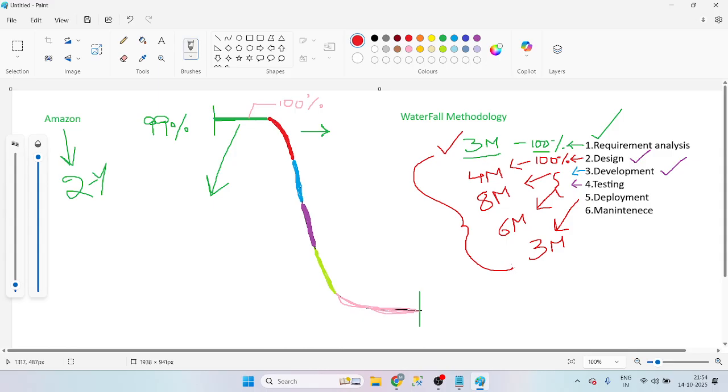Now my main question is, in these 2 years, did the owner of Amazon earn any money from this project? No. Why? Who said no?